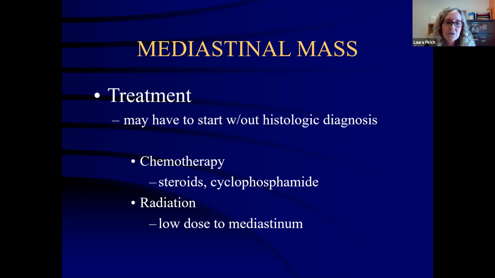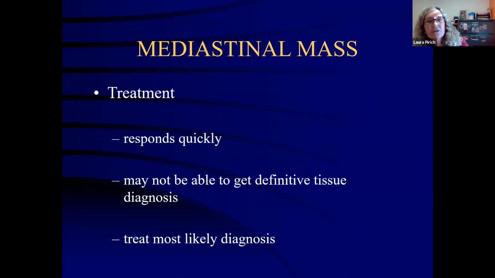We would use that if you had more of a teratoma or something like that, rather than the liquid tumors like leukemias, because those are going to respond really, really well to steroids and respond really quickly. We have some patients who, within 24 hours, the mass will be significantly smaller.